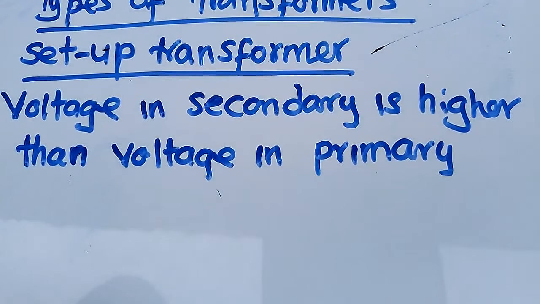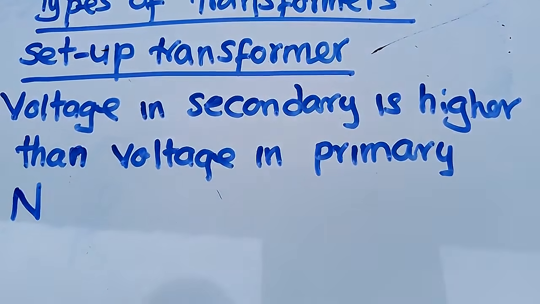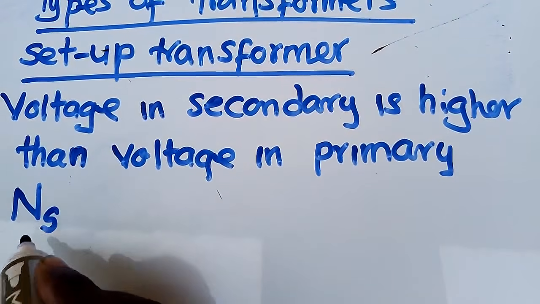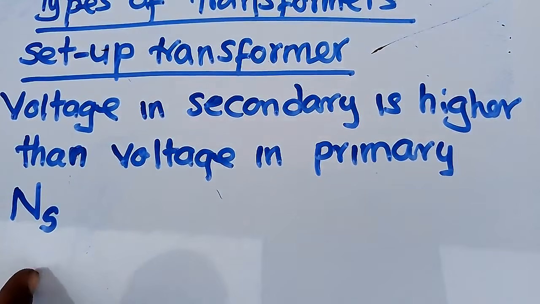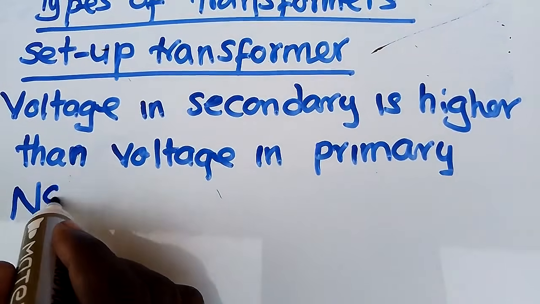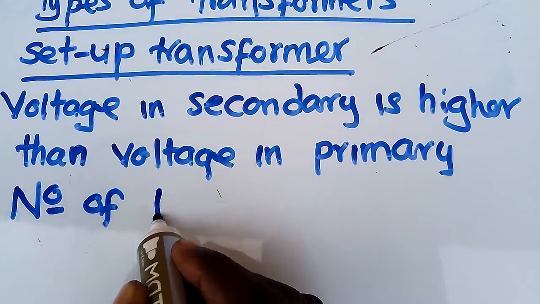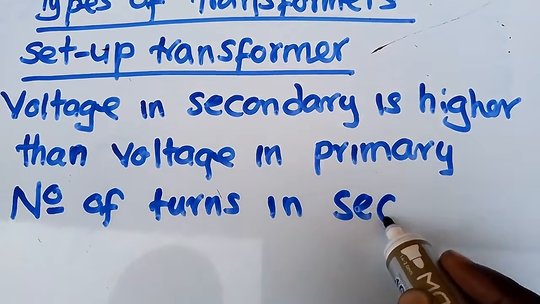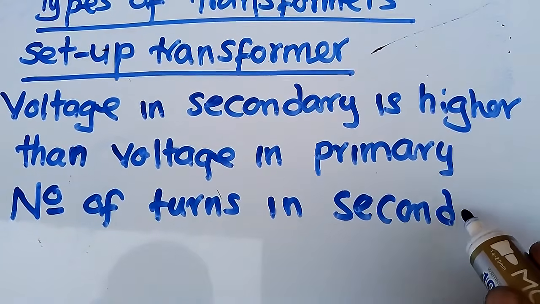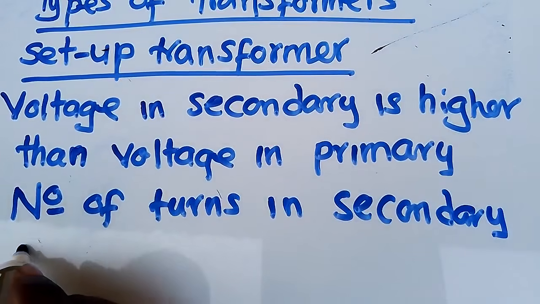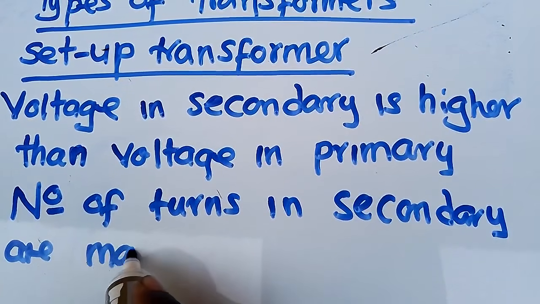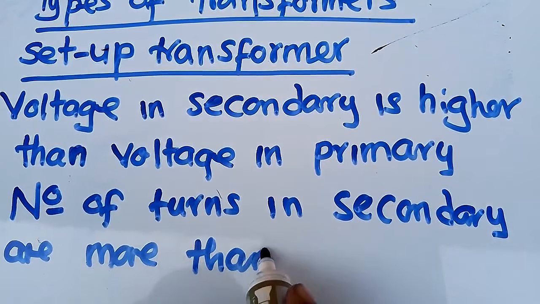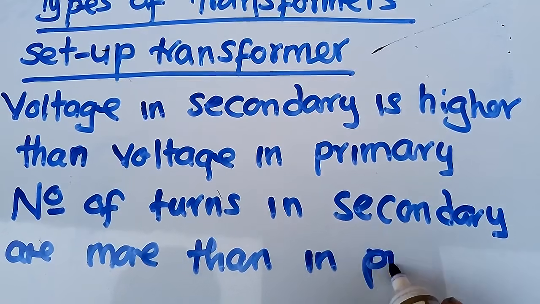The other point that you need to know is the number of turns. I'll put N here to symbolize the number of turns. So the number of turns in secondary are more than in primary.